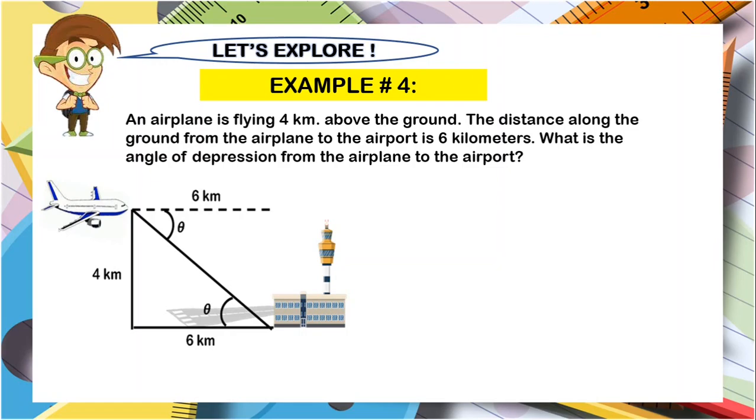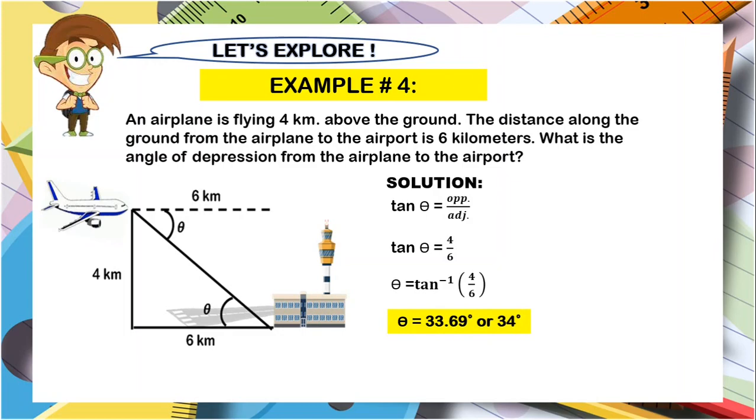Setting up the equation using the given in the problem, we have tangent theta is equal to 4 divided by 6. Since the unknown is the measure of the angle of depression, we use the inverse trigonometric ratio of tangent, which is arctangent, to the quotient of 4 divided by 6.